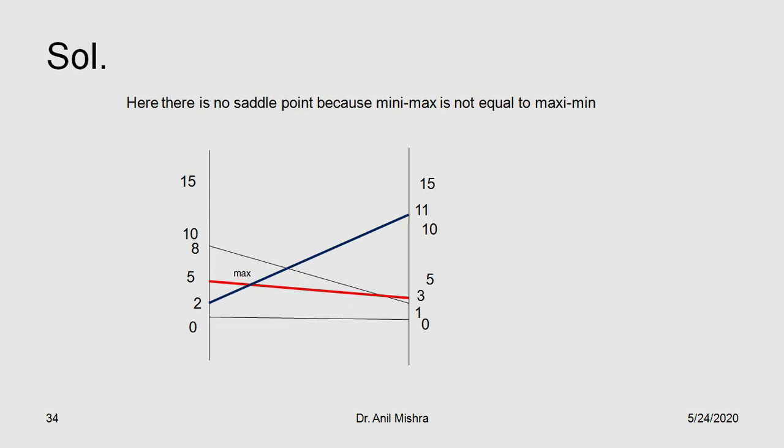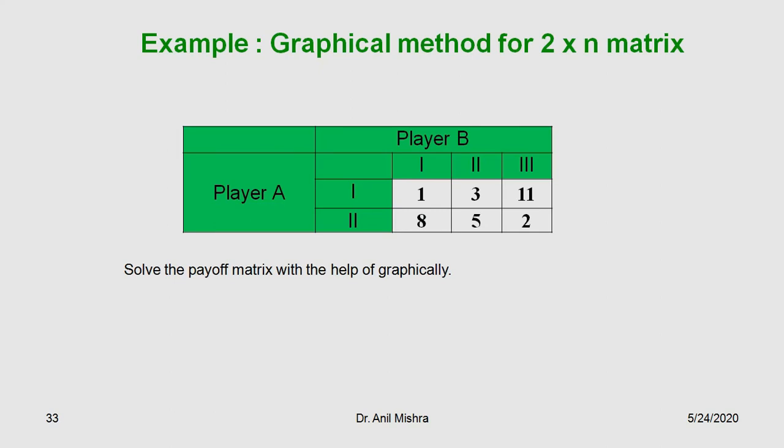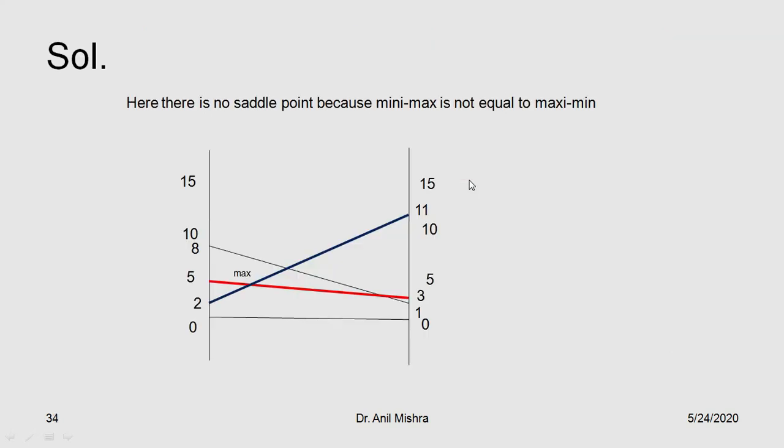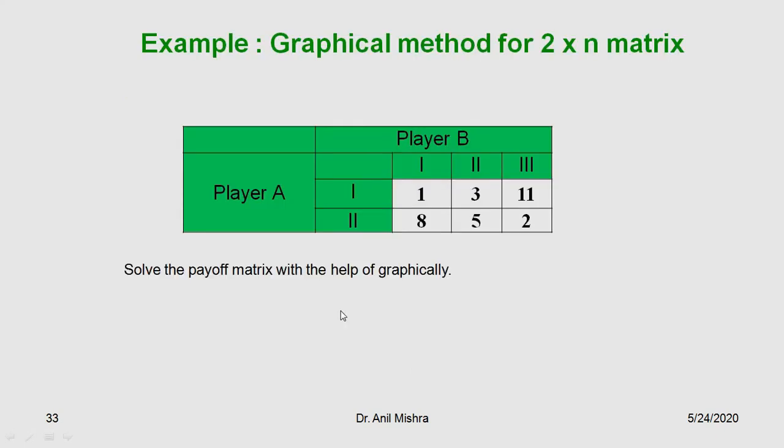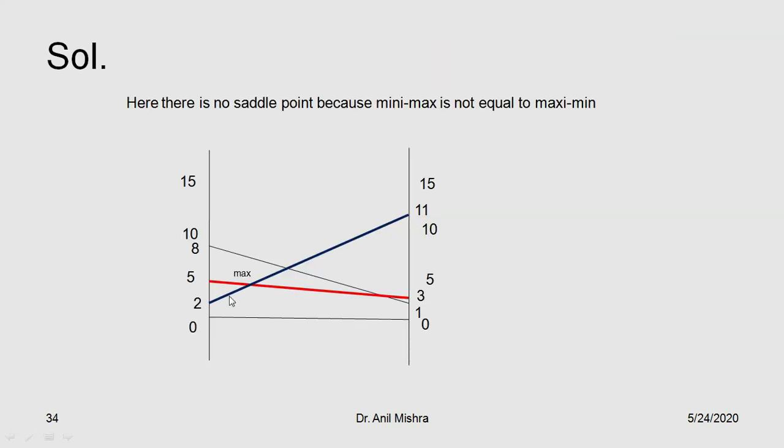Similarly, next is 3, 5, so we plot 5 and 3: here is 5 and this is 3. In the same manner, the last one is 11 and 2. We start with 2, then 11.